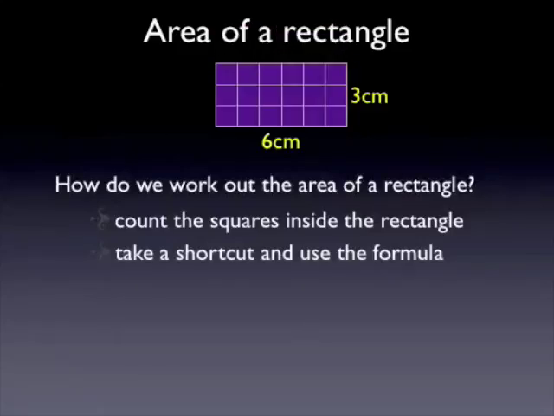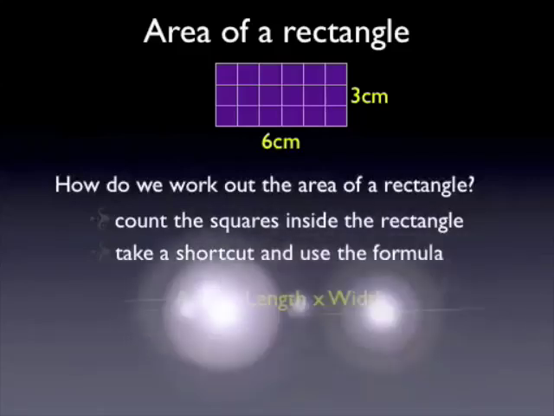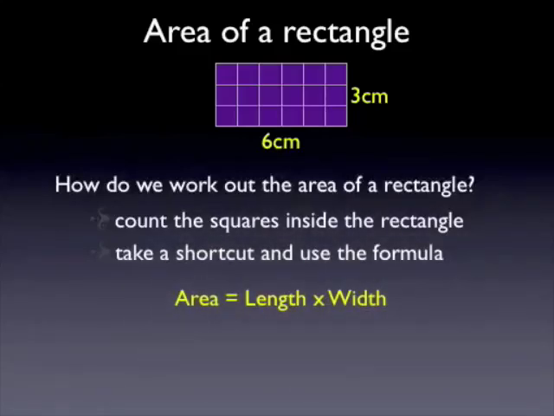So it's 3 lots of 6. So rather than count, we can multiply 3 lots of 6 or 6 lots of 3. Here's the formula. Area equals length times width. So length is 6, it's 6 squares long and 3 squares high. 6 times 3.